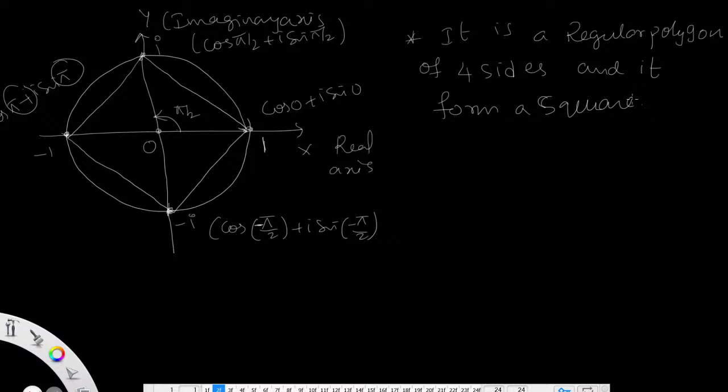What is the definition for that? Let n be a positive integer and z be a complex number, then the solutions of x power n equal to z are called the nth roots of z. That is the general form. We already learned cube roots of unity and fourth roots of unity; I am just doing the generalization.